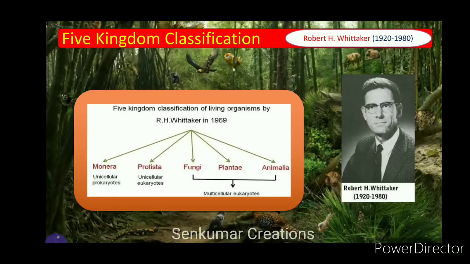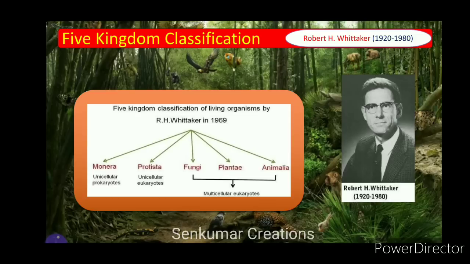He included one more kingdom, fungi, in addition to the four kingdom classification. The first is Monera, the second is Protista, the third is Fungi, the fourth is Plantae, and the last is Animalia.